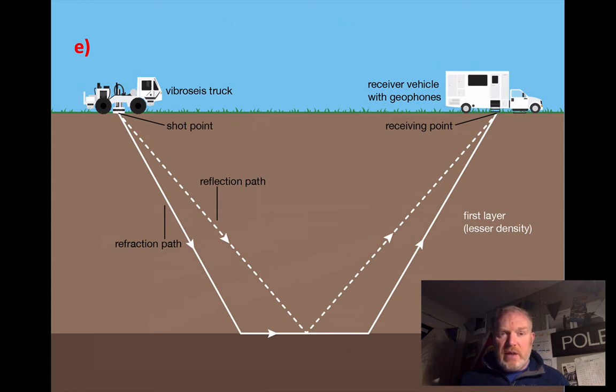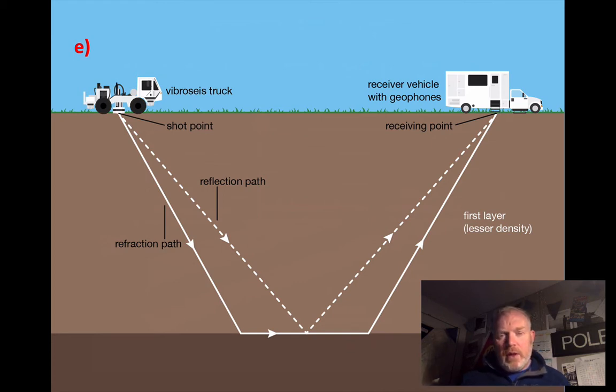Those waves then go down through the rock into the ground until they hit a layer that's got a different density to the first layer. So the wave then can be reflected back to the surface, or can be refracted back.